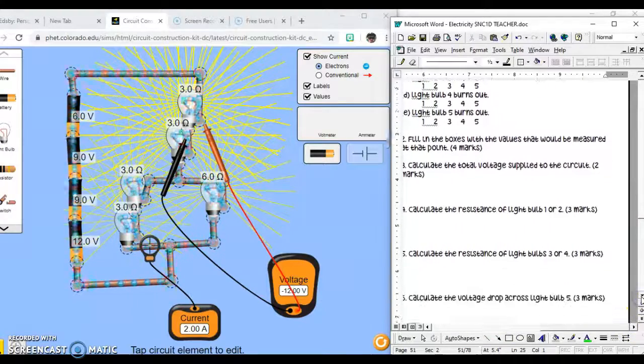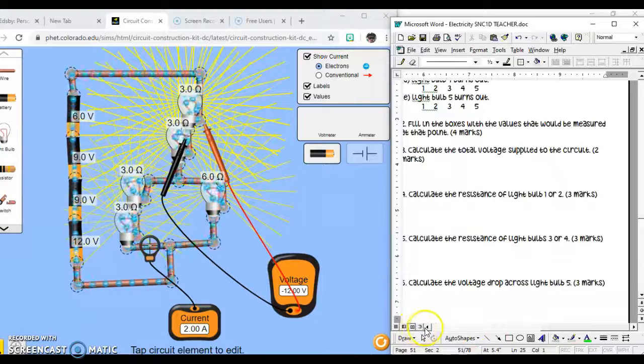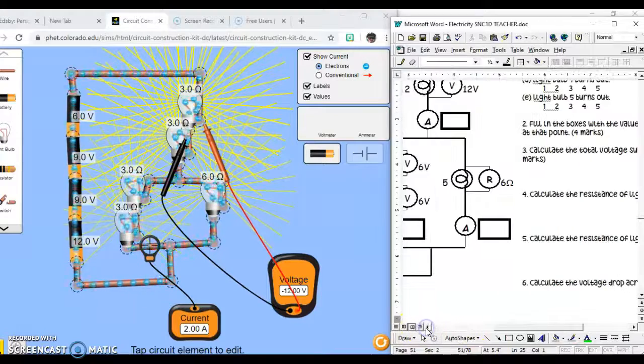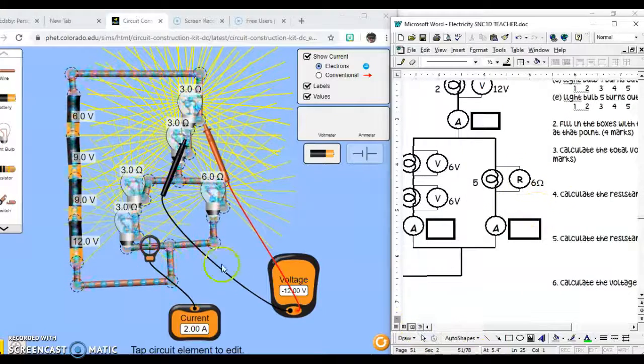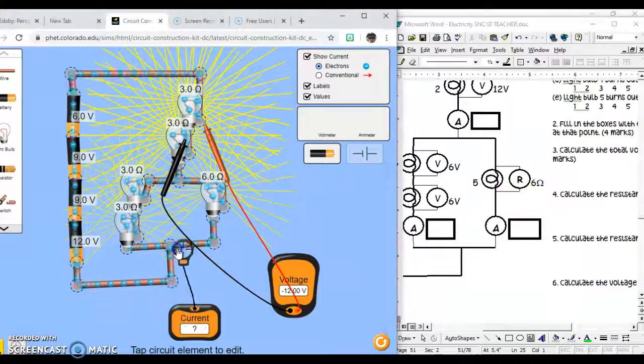And lastly, we're asked to calculate the voltage drop across light bulb 5. A couple ways we can do that. We could use Ohm's law. We know the current is 2 and the resistance is 6, V equals I times R, so 6 times 2 is 12 volts.